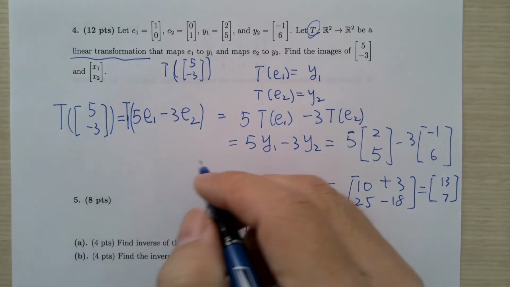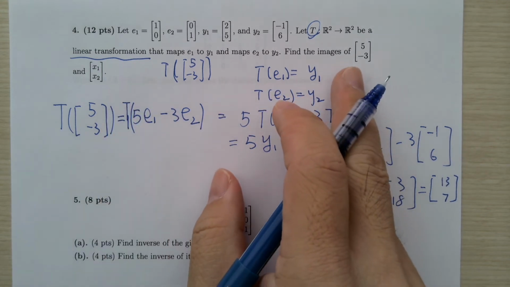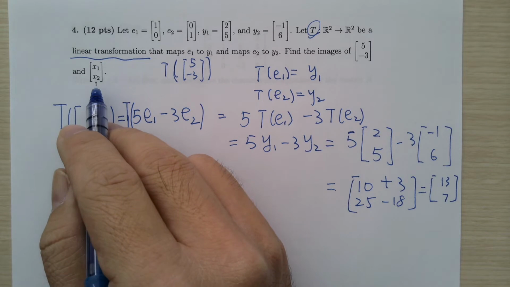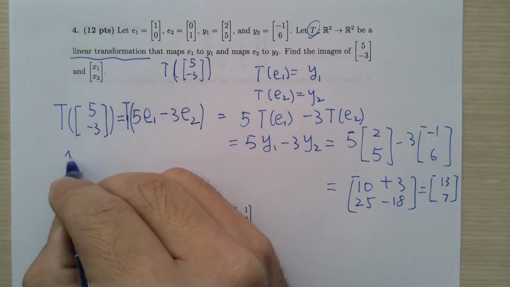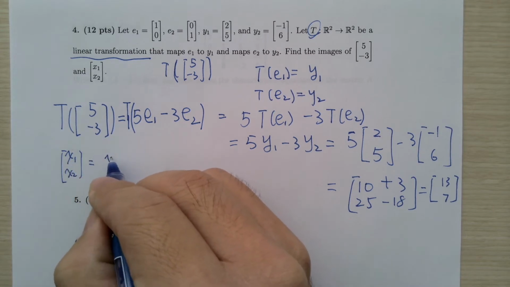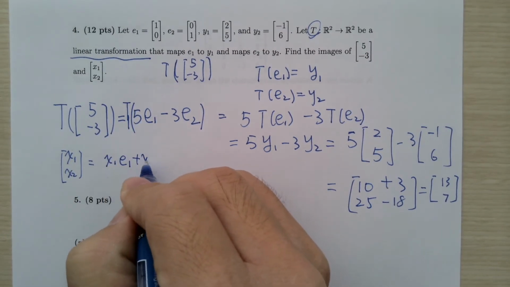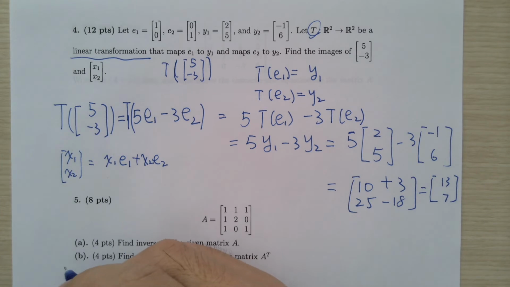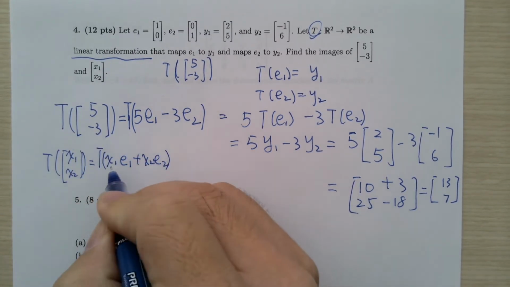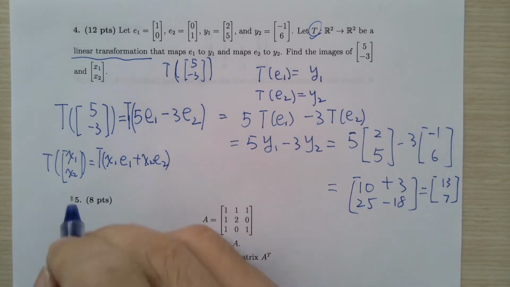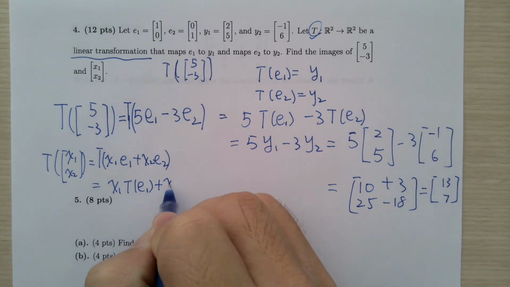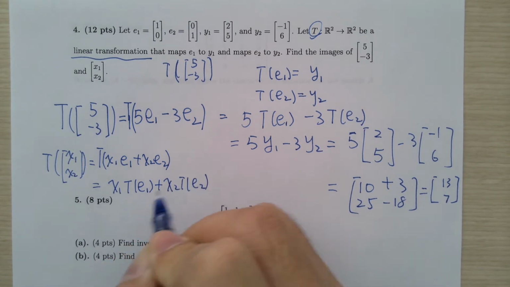Cool. Once you got the idea about this, do you realize that it's exactly the same logic? How do we construct (x1, x2)? So (x1, x2) can be rewritten as x1 e1 plus x2 e2. So T of it, and again, x1 and x2 are scalars, so it becomes x1 T of e1 plus x2 T of e2.